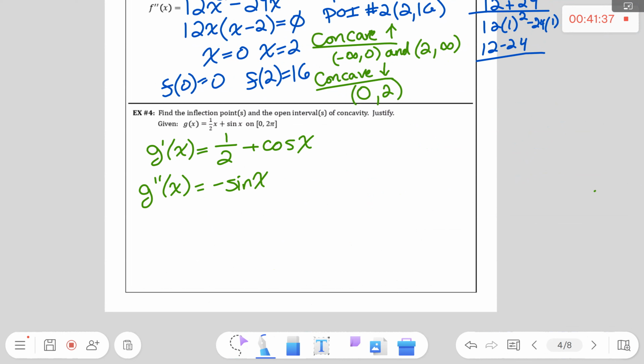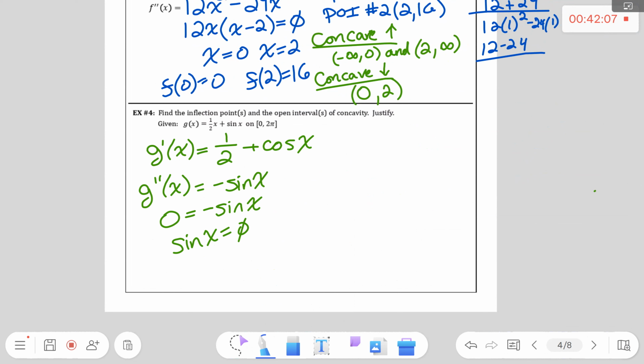To find points of inflection, what do I set my double prime equal to? So 0 equals negative sine x. When does sine x equal 0? 0, pi, and 2 pi.